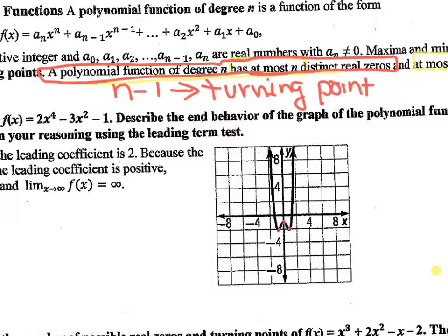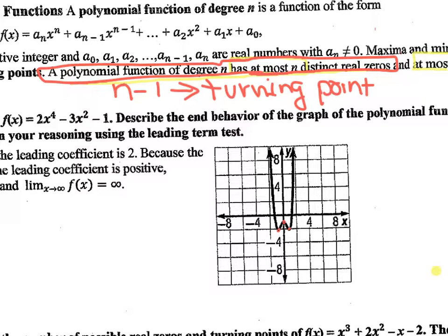The polynomial function of degree n has at most n distinct real zeros. So if it was x to the 4th power, how many real zeros am I going to have? 4. Whatever the number of the exponent is, that's the most you can have.